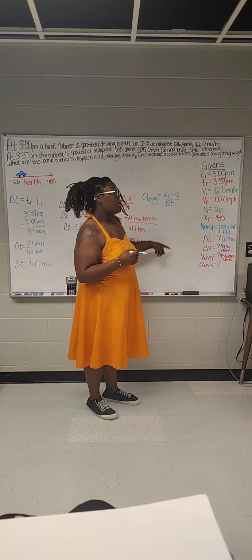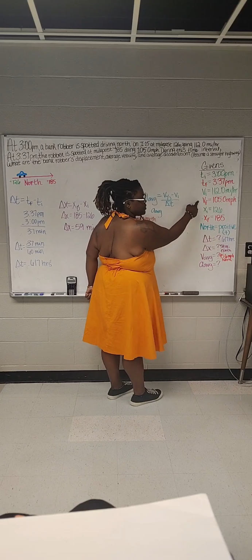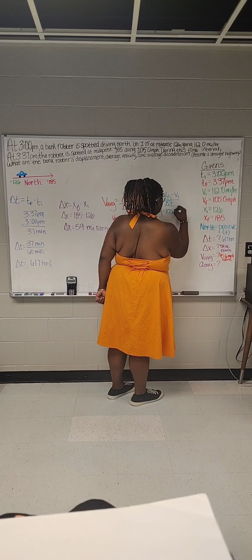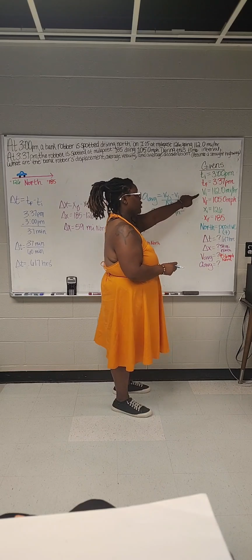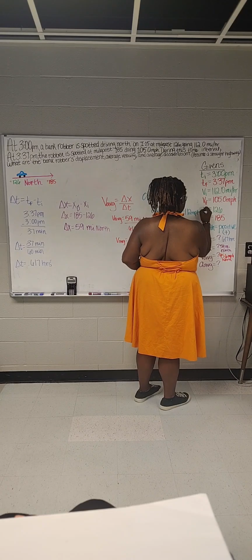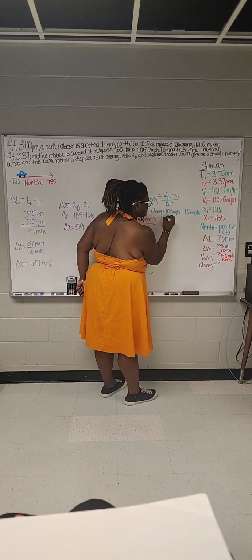Now that we have this formula, we just plug in our values. We're going to take our final velocity, which is 105 miles per hour, minus our initial velocity of 112 miles per hour. And we're going to divide that whole thing by delta t, which is the 0.617 hours.